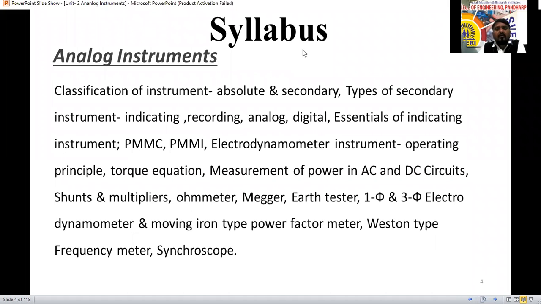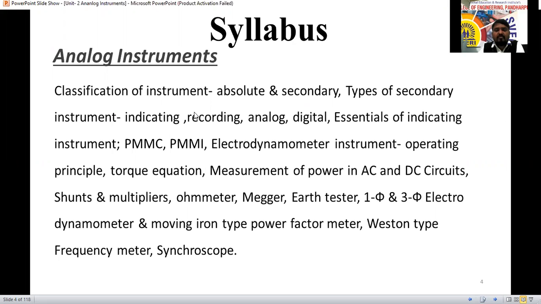Suppose voltage is required, by using a voltmeter we can measure the voltage. Current is required, we can measure the current. Like that, we call them direct secondary instruments. These secondary instruments are again classified, into three types actually. So we are going to discuss the types of secondary instruments.